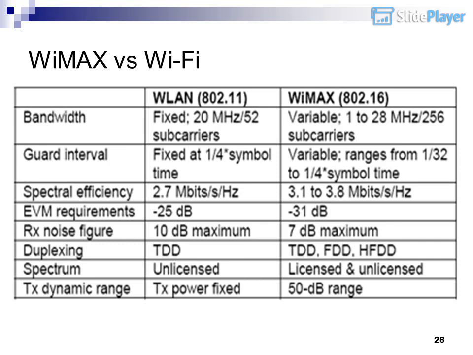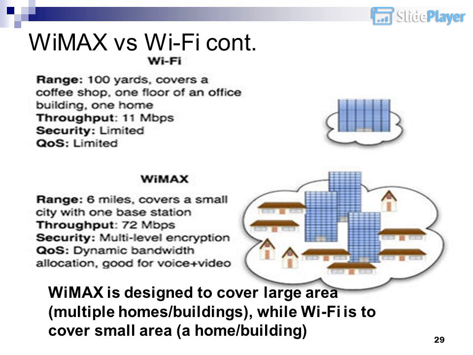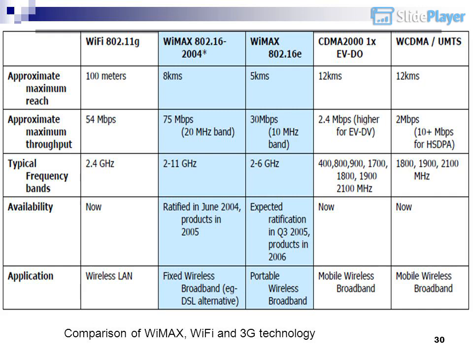WiMAX versus Wi-Fi. WiMAX is designed to cover a large area, multiple homes and buildings, while Wi-Fi is to cover a small area, a home or building. Comparison of WiMAX, Wi-Fi and 3G technology.